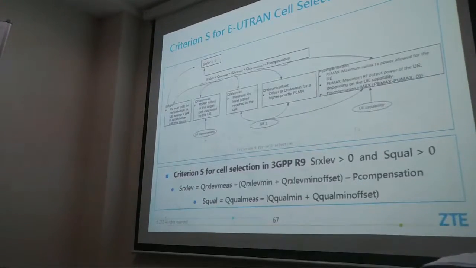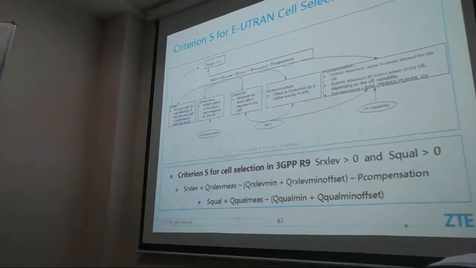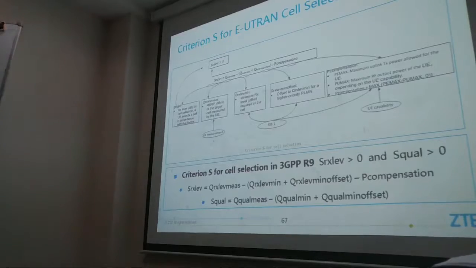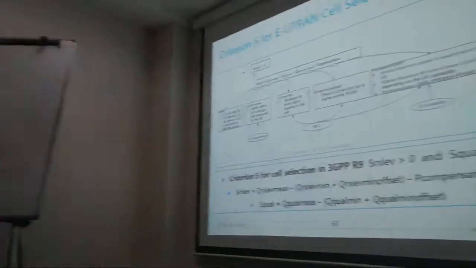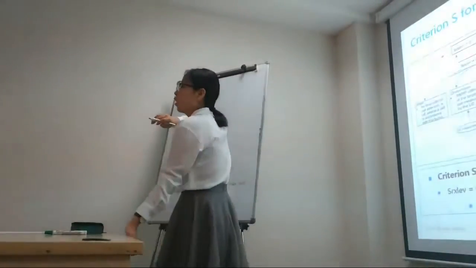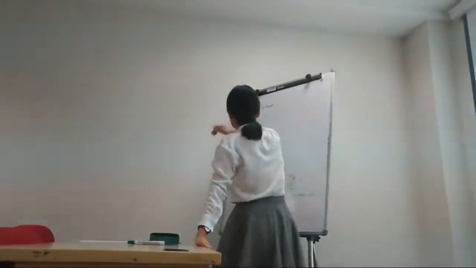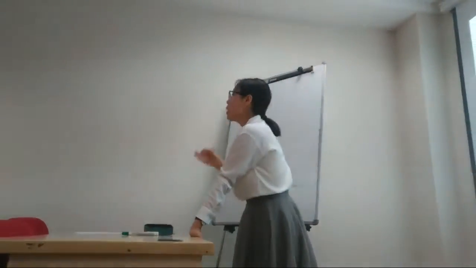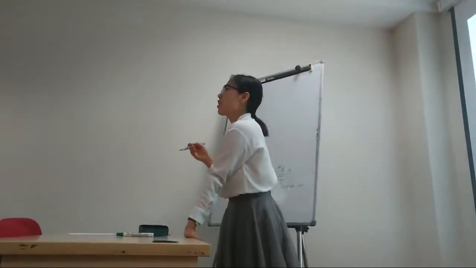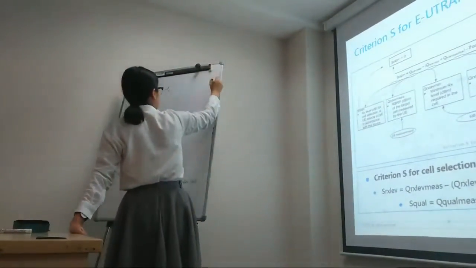So we define one value as S. This value equals that: the SRP we measured, we use the measurement. And the measured SRP should be greater than one threshold.